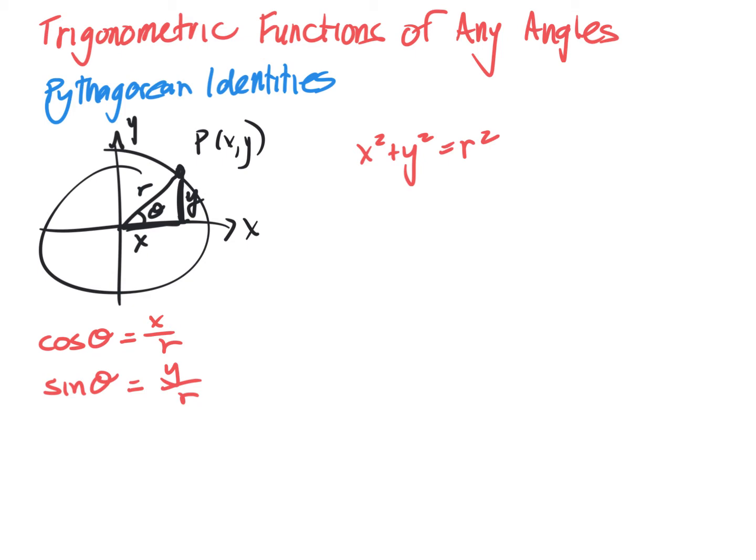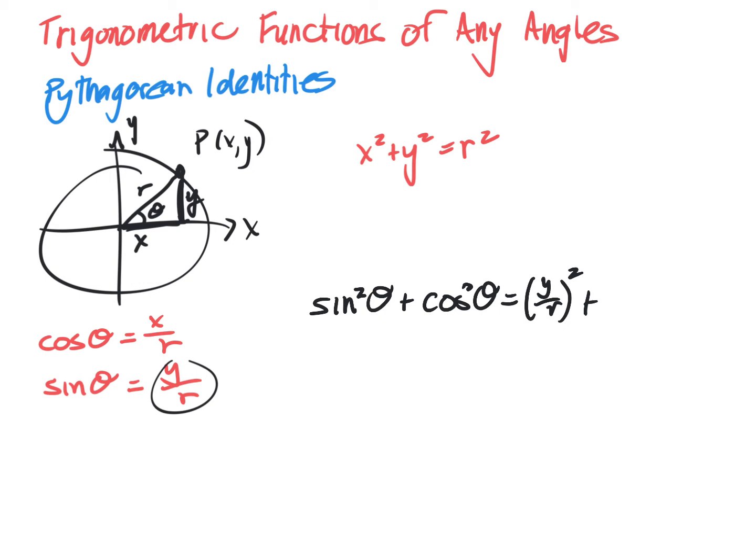So now, if I were to take sine squared of theta and I add it to cosine squared of theta, if I use this value, sine is y over r, so sine squared of theta is y over r quantity squared. Cosine, if I use x over r, cosine squared becomes x over r quantity squared.